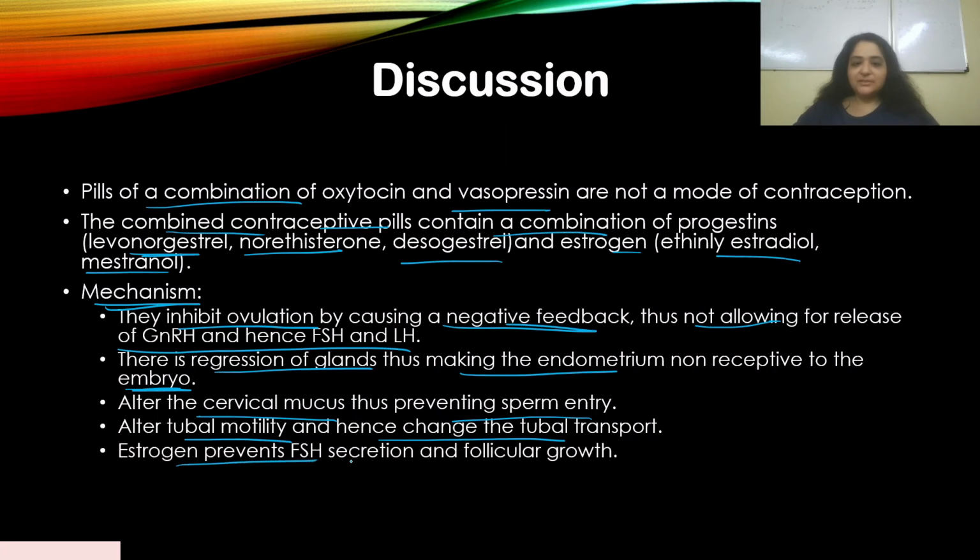Estrogen prevents FSH secretion and follicular growth, which obviously inhibits ovulation, and progesterone prevents the LH surge. Progestin, a synthetic progesterone, prevents the LH surge.